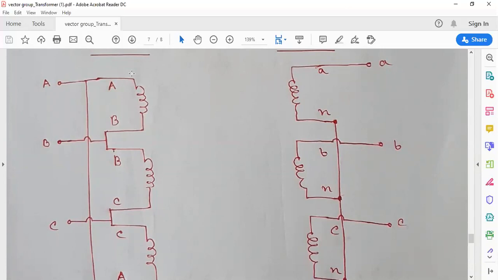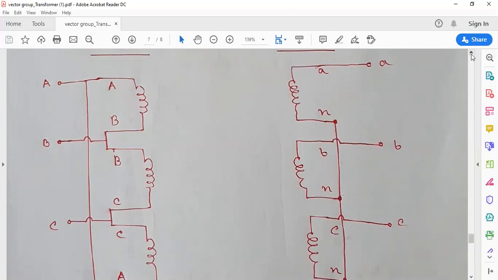We already know that in a transformer, the primary and secondary voltages are always in phase. Their direction will be the same. The voltage in this winding will be in phase with the voltage in this winding. So a voltage will be applied in this winding which will be in the same direction as the voltage induced in the secondary, which is VAN.